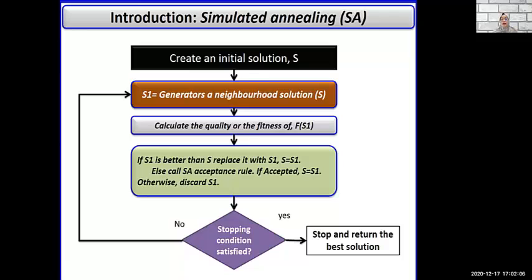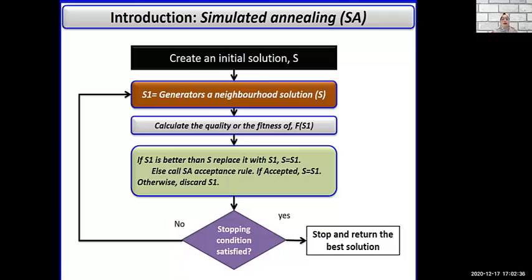So don't say that you make an improvement of simulated annealing by introducing a method to generate an initial solution, because simulated annealing will just start with a given initial solution. Then generate a neighbor solution from the initial solution, then calculate the quality or fitness of the solution.